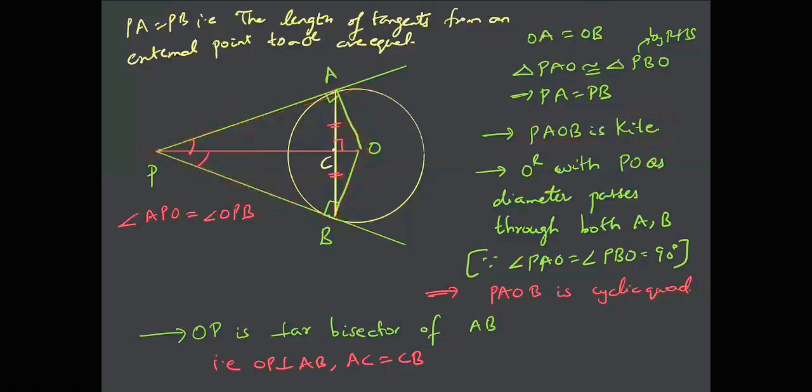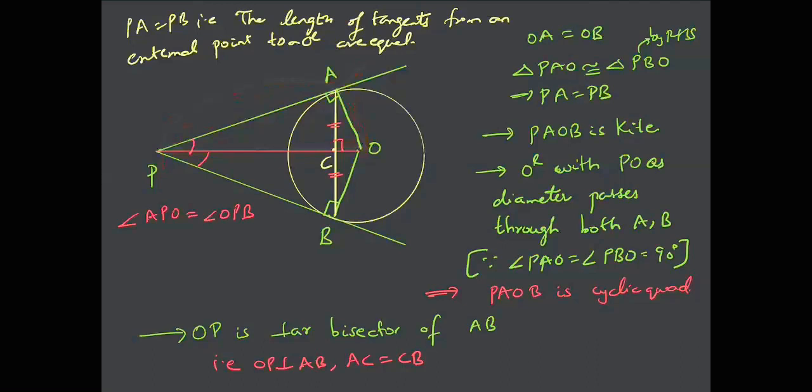Next. Since OA is perpendicular to PA, this is a right angle triangle. So if I draw a circle with PO as diameter, it should definitely pass through point A, because the angle in a semicircle is how much? 90 degrees.